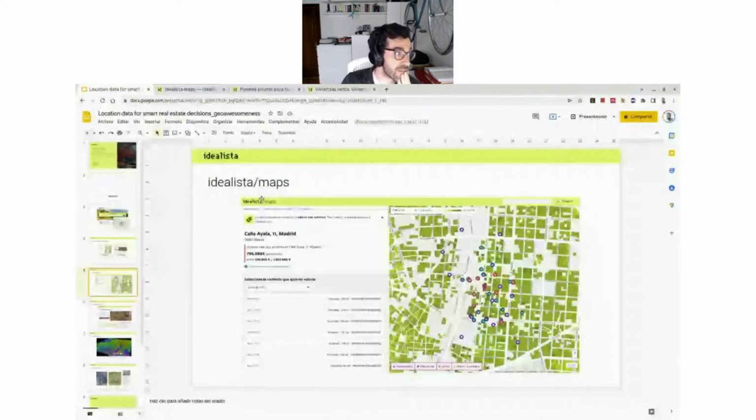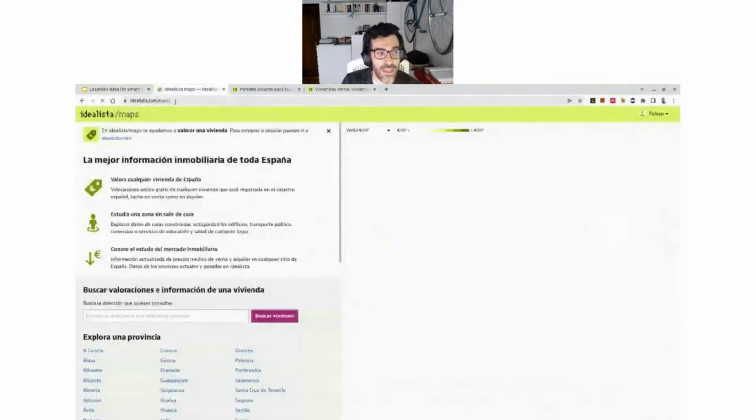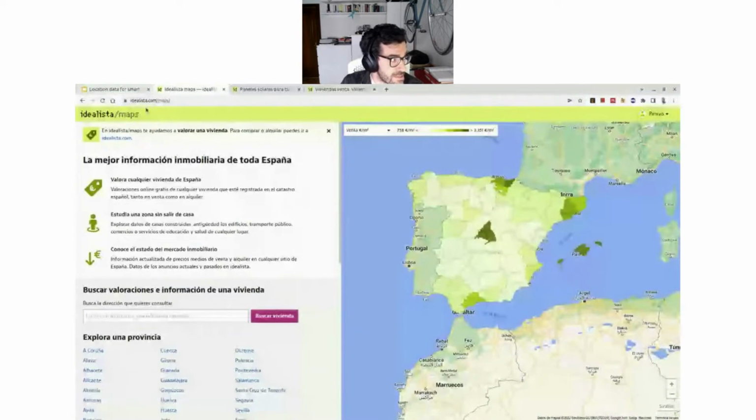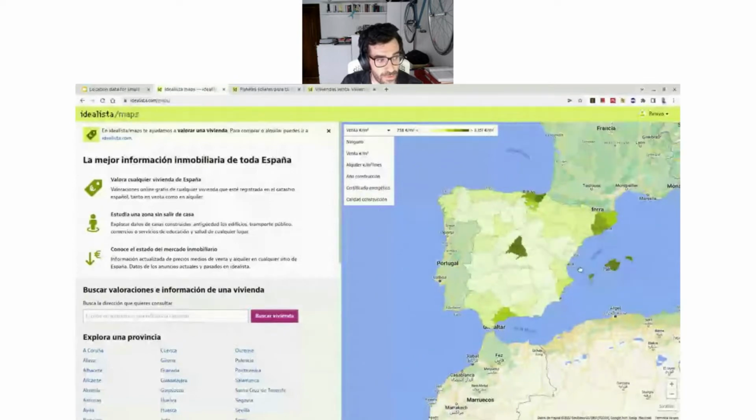Here on idealista.com/maps, we have information about the sale price, the rent price, the year a building was built, and the energy efficiency certificates.